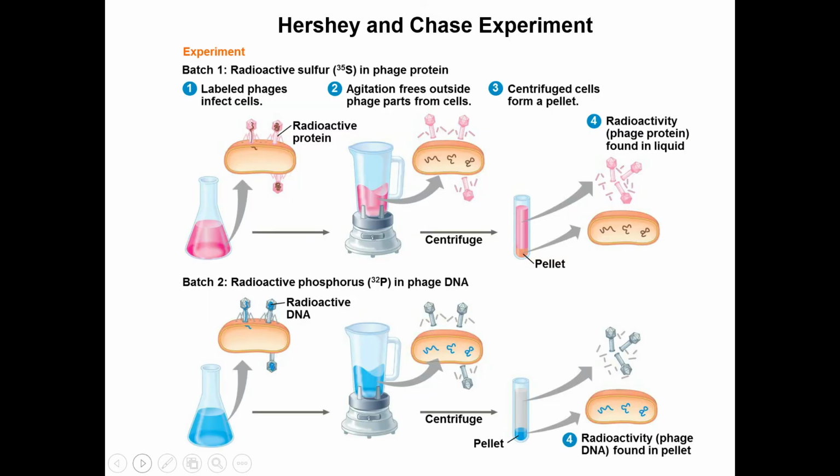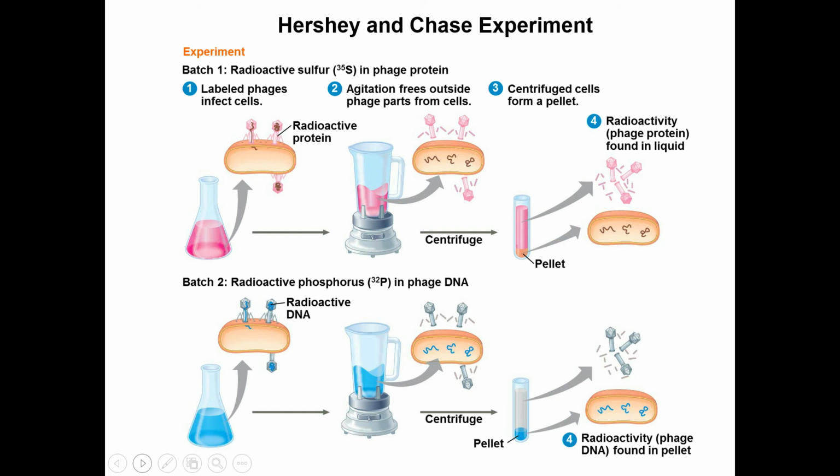Alright, so this is a little overview of their experiment. They labeled the protein coat of this virus with a radioactive sulfur isotope. Since proteins have sulfur in them and DNA doesn't, this is a way to look at just the proteins.